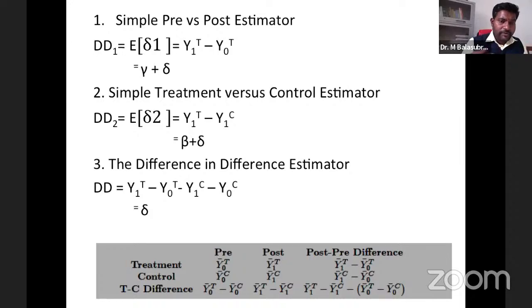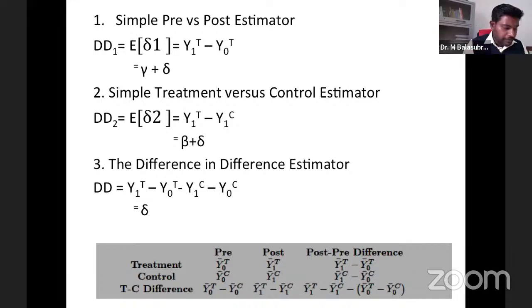Then what will be the result? If a time trend exists, it becomes part of your impact effect, so this may not give your exact impact. This impact is combined with your time trend.